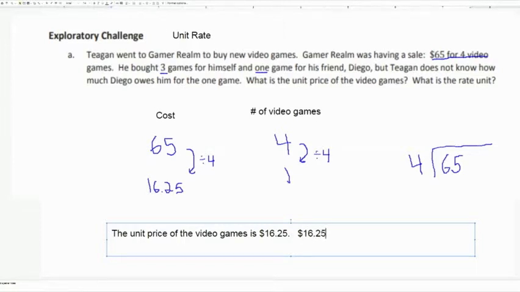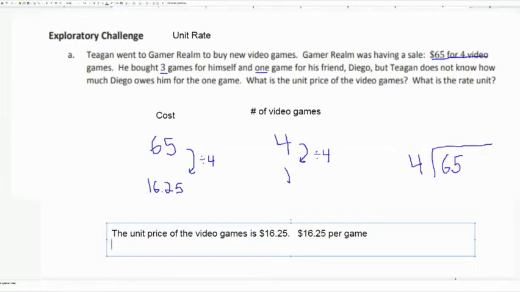Now that we're talking about rates, as you can see, I have the dollar sign. This is not a ratio. It's $16.25 per game, or per 1 game, or for each 1 game.